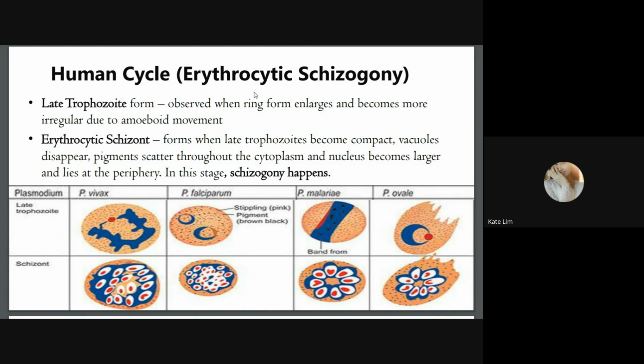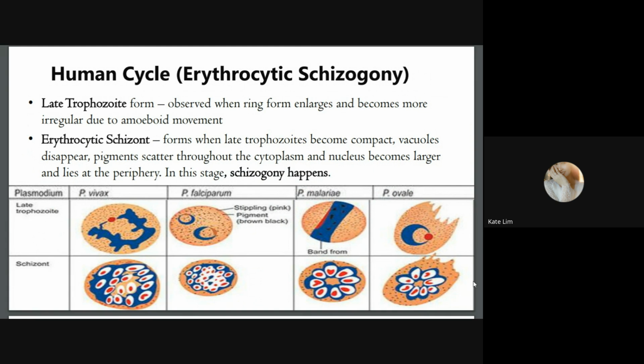The vacuoles, the empty spaces within the cell, would disappear and the pigments would start to scatter throughout the cytoplasm. This is your cytoplasm right here.